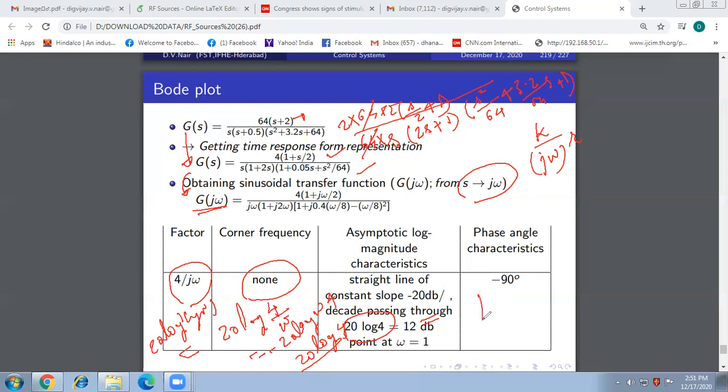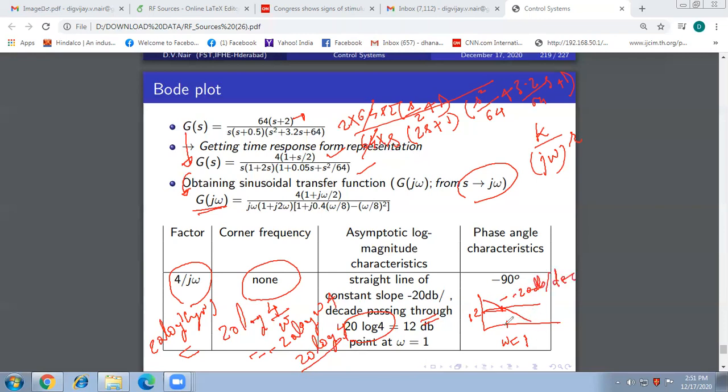So we know that the plot will look like this. If this is omega equal to 1, then the straight line here will pass through 20 log of 4, that is 12 dB, right? So if this is 12 dB at omega equal to 1, this is the point. Then from this point, there will be a straight line passing with a slope of minus 20 dB per decade.